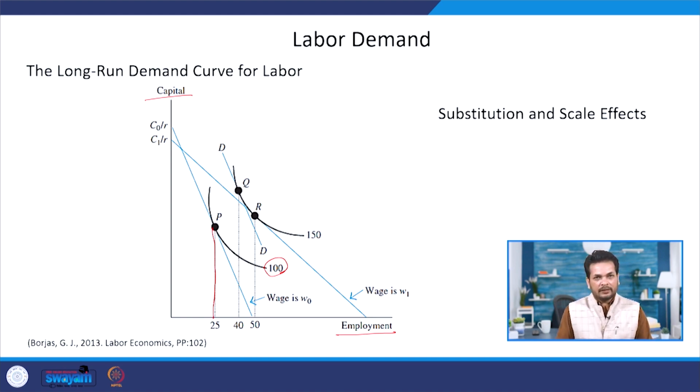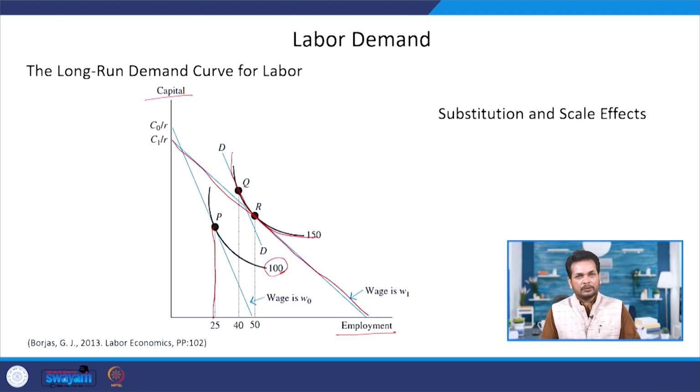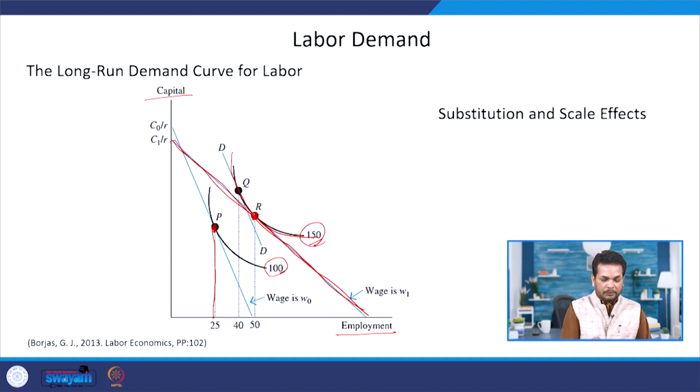Now, the wage rate has declined. Because of the reduction in the wage rate, the isocost line shifts, and because of the marginal cost decline, the farm produces a higher level of output. To produce 150 units of output, the farm is operating at a new isocost line, and this new isocost line is tangent to this isoquant at point R. So, the farm has moved from point P to point R. Now, the farm has moved from employing 25 labor to 50 labors.